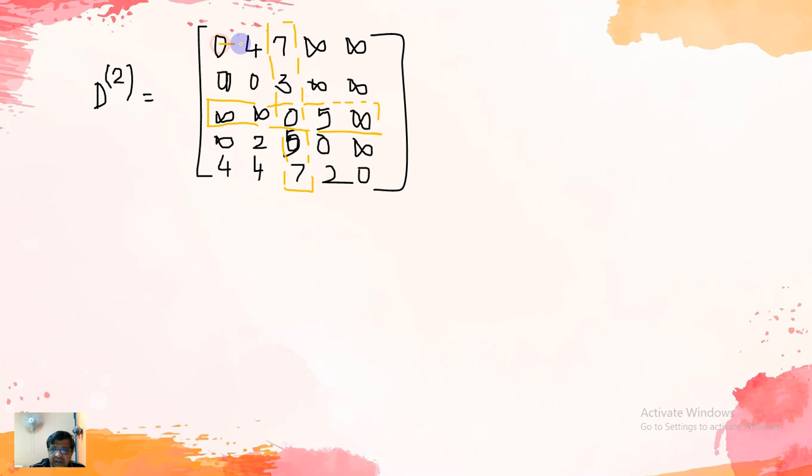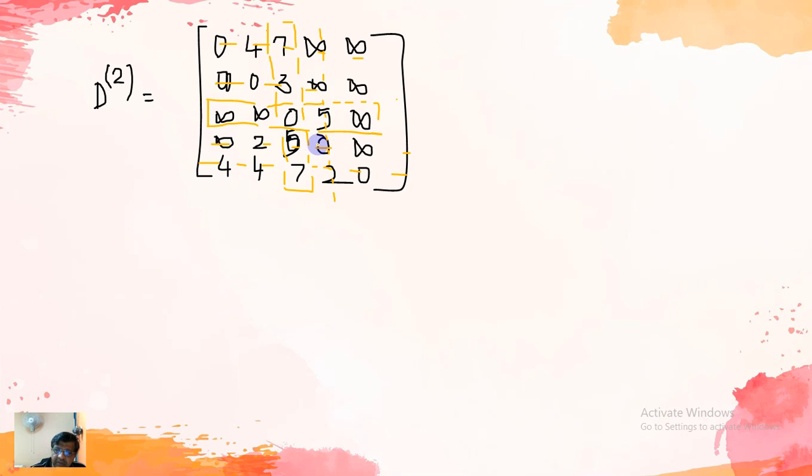Now we will draw a horizontal line from here, from 7 crossing 3 and crossing 5, crossing 7, and here we can draw once again only one line, piercing through 5. Therefore 5 plus 7, it is 12, but already 2 is there, therefore it should not be changed, and this comes under loop, therefore there should not be any change over here.